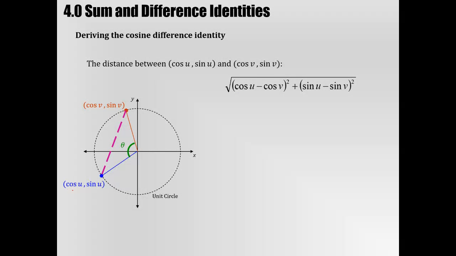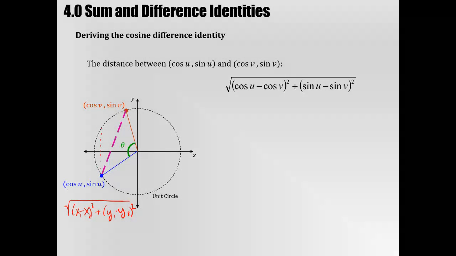The distance formula is the square root of x1 minus x2 squared plus y1 minus y2 squared, and the square root of that whole thing. So you're doing cosine minus cosine, sine minus sine squared. It's really just the Pythagorean theorem.